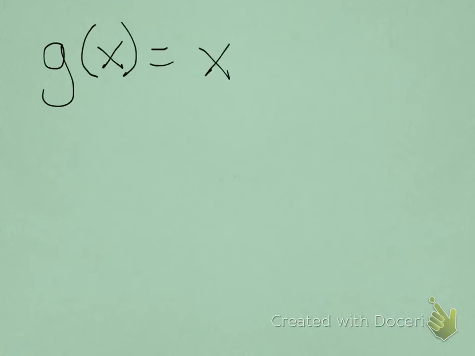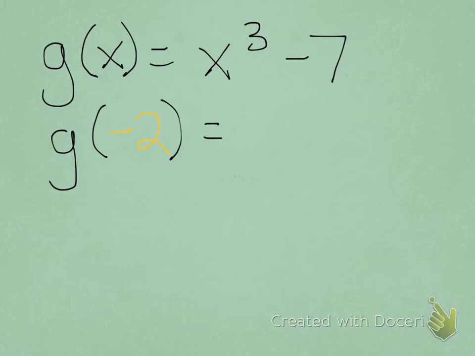Now let's try another function. Let's define a function g of x to be x cubed minus 7. And again, we'll follow the same procedure. We're going to evaluate this function g when the value of x is negative 2.